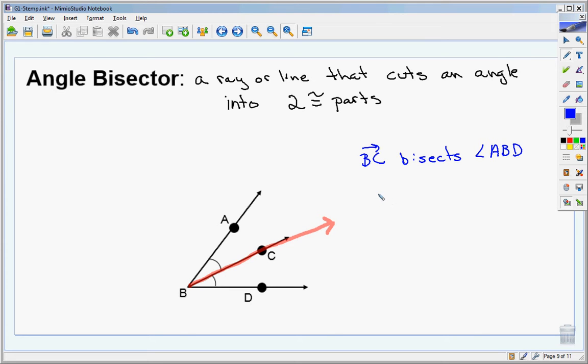I can tell that it bisects it because angle ABC is the same or congruent to angle CBD. If you see angle bisector and they've not put congruent markings in your picture, put those markings in the picture. It's going to help you solve that problem.